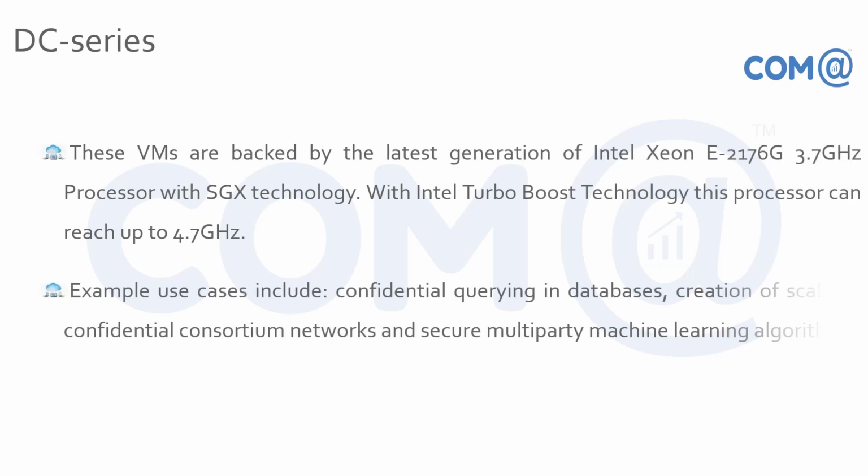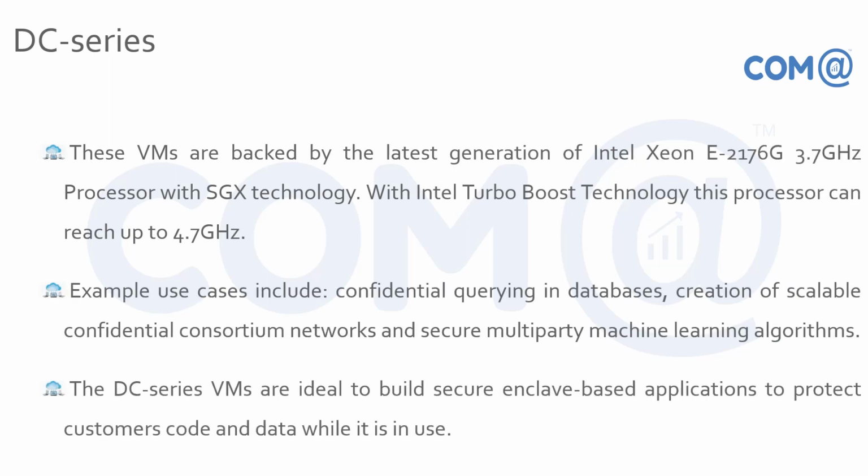These virtual machines are backed by the latest generation of Intel Xeon E-2176G 3.7 GHz processor with SGX technology. With Intel Turbo Boost technology, this processor can reach up to 4.7 GHz.